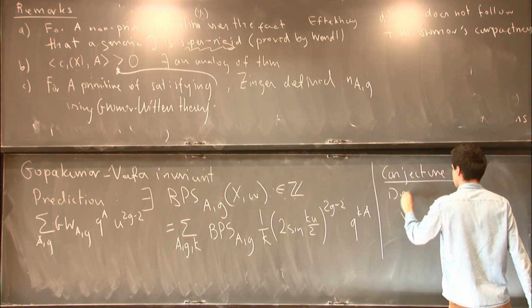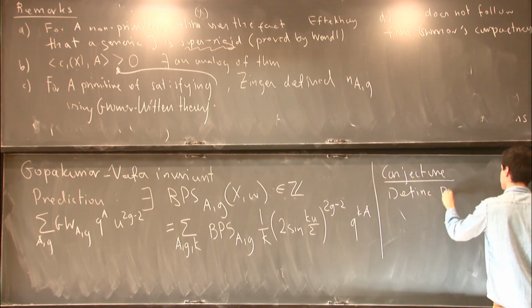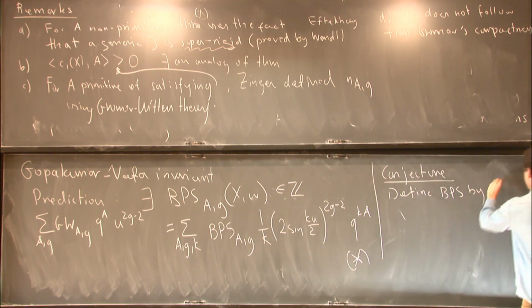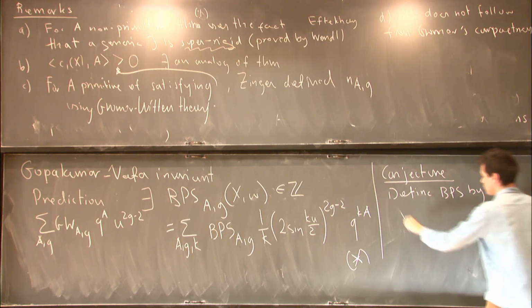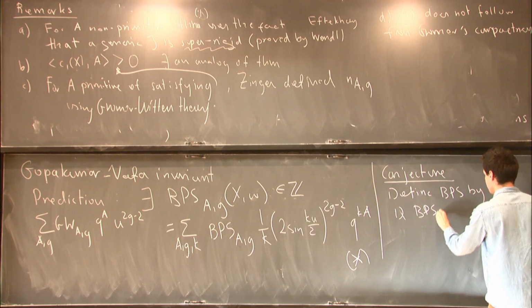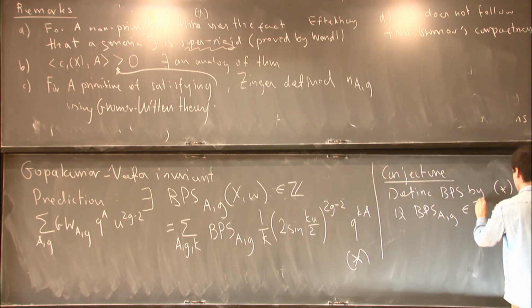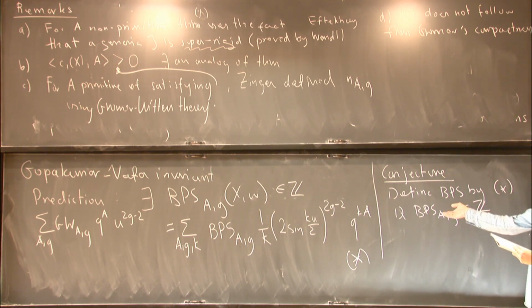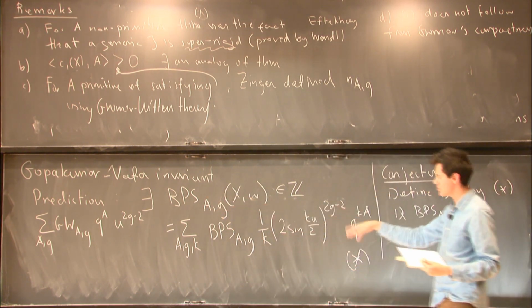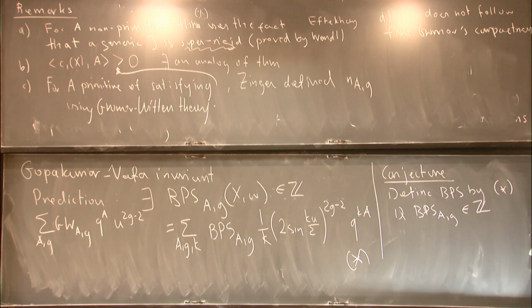So define BPS by the Gopakumar-Vafa formula. Then what you want to show is that BPS_{A,g} is an integer, which is not obvious from the formula, because if you invert this formula, you would just write it as some kind of rational combination of Gromov-Witten invariants.